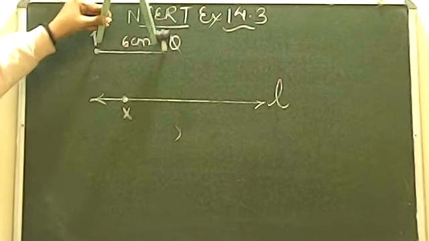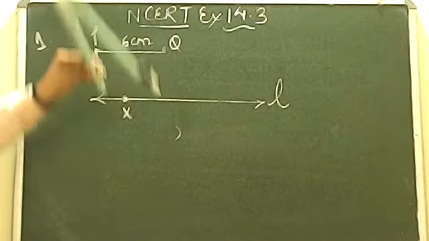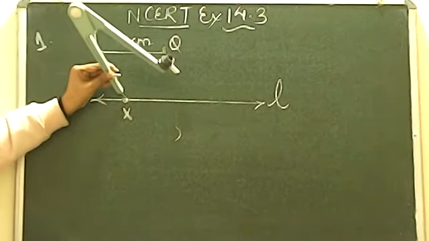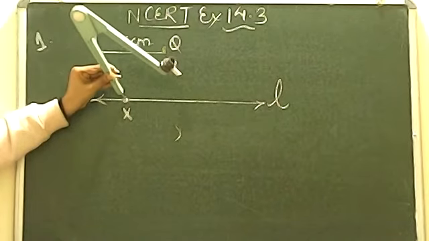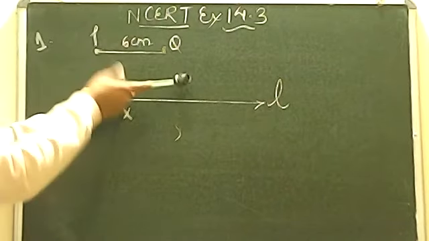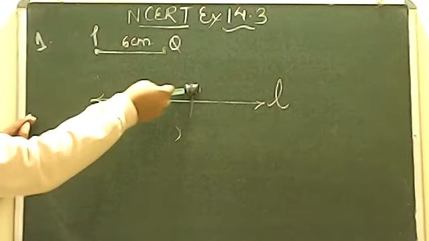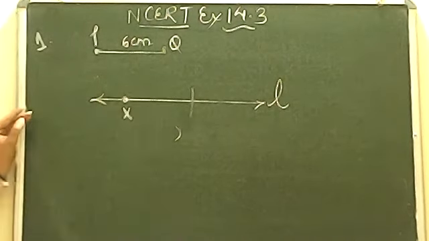Look here, I am just tracing it, just checking how much it opens. After checking this, again I am doing the same thing on point X. Without changing the position, I put my pointer on X and just mark this arc, the same one.